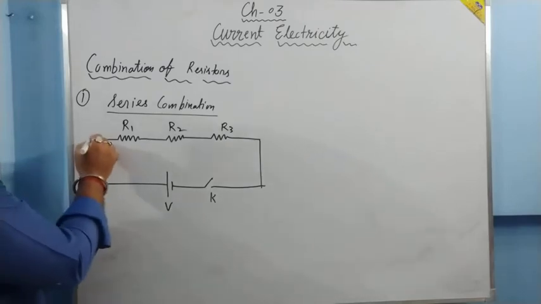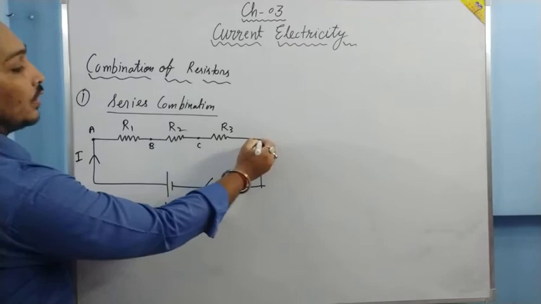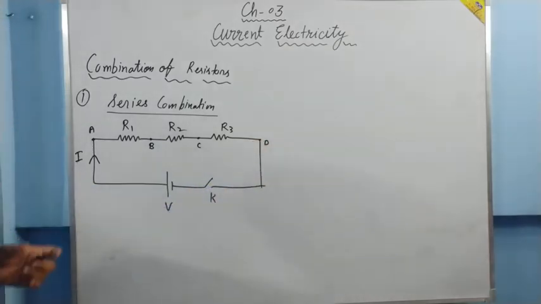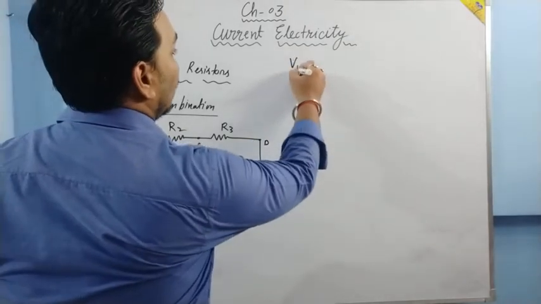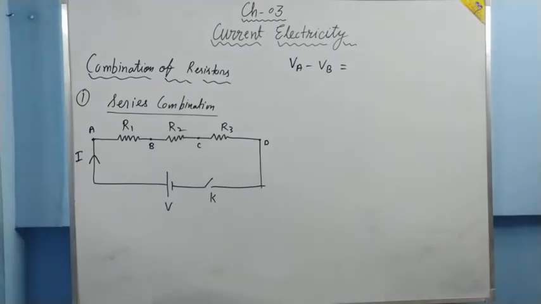Suppose if I take this point as A, this point as B, this point as C, and this point as D, and I have to write the potential difference between A and B, basically VA minus VB. So what will be my answer?